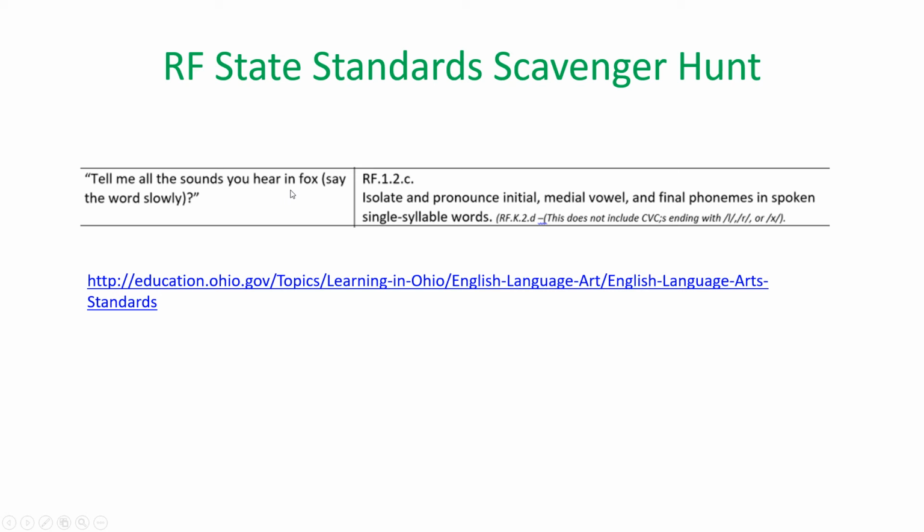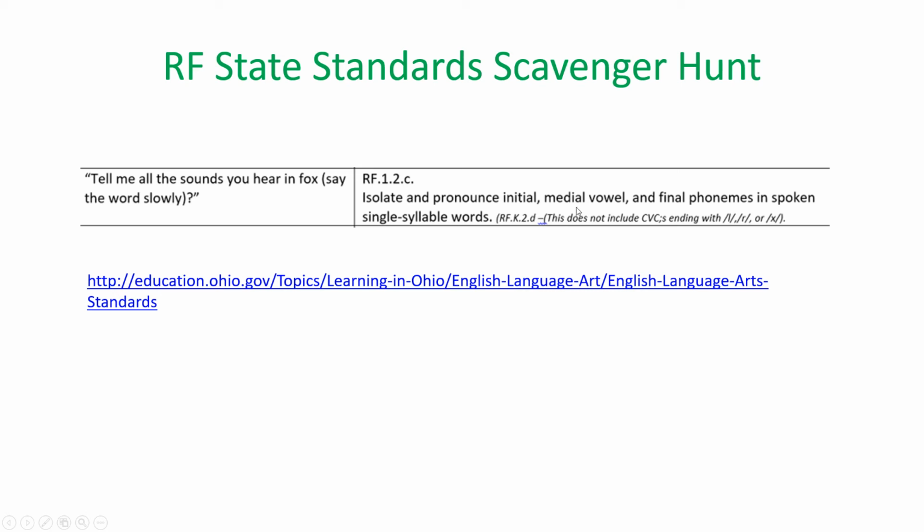So if you go to the kindergarten standards and you don't find the standard, go up to the first grade standards, because really what can happen is sometimes you can have kindergarten kiddos who need work that is above or below the standards for their grade level. So for example, if you were going to ask or teach kids to isolate the middle phoneme, it's not in the kindergarten standards.